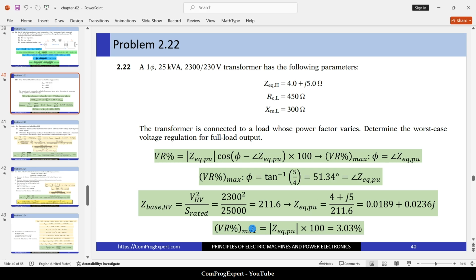The maximum voltage regulation is equal to the amplitude of the Z equivalent in per unit. Yes, this is the important equation that we have. So what is the amplitude of this number? Let's check.